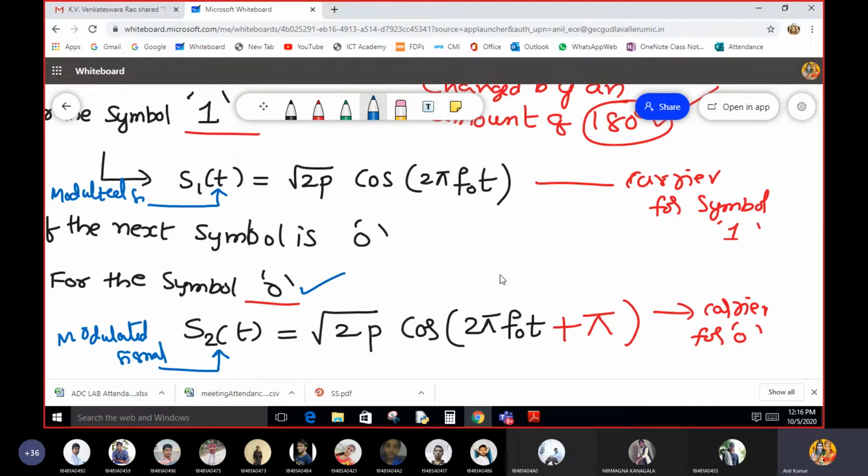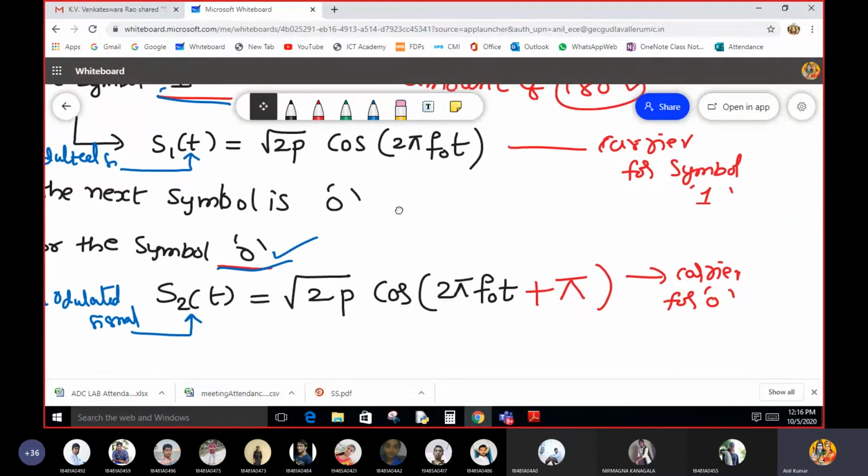Anybody? S1 of t is a modulated signal when logic 1 is to be transmitted. S2 of t is a modulated signal when 0 is to be transmitted. Is it okay? Right. So how is the modulated signal when 0 is transmitted, and how is it when 1 is transmitted? Tell me.